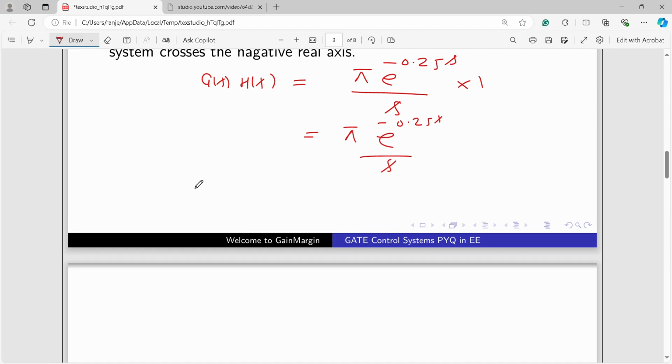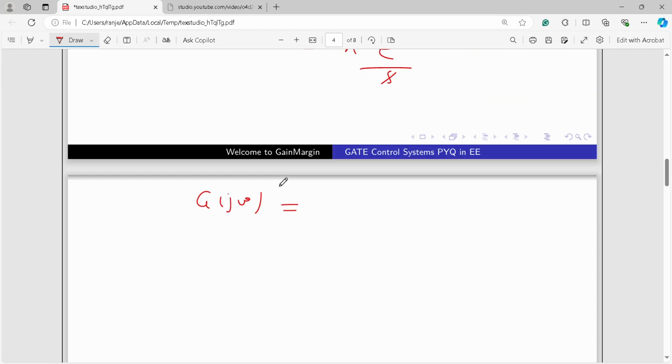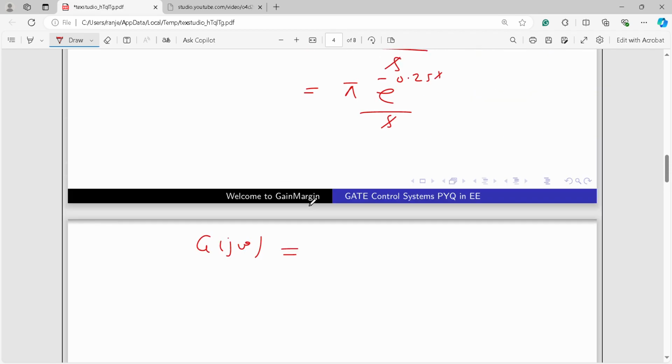We want the angle, so we have to write it in terms of j omega: pi e to the power minus 0.25 j omega by j omega.